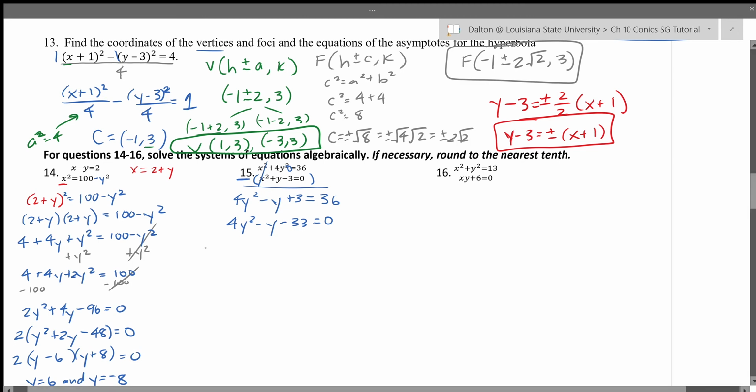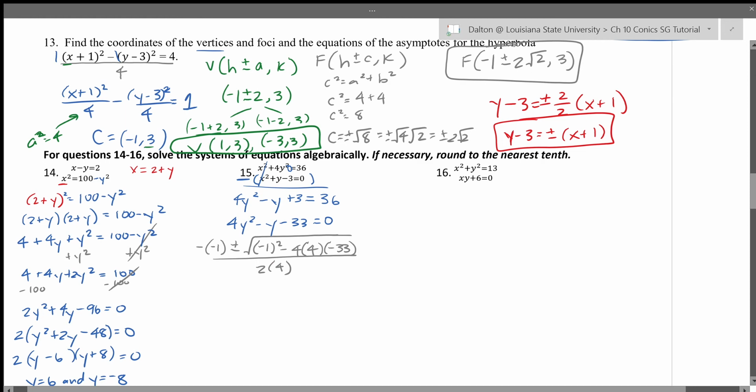So our quadratic formula is going to be negative b plus or minus square root of b squared minus 4ac, all over 2a. So negative b will be negative, b is -1, plus or minus the square root of b squared, so it'll be -1 squared, minus 4ac, so minus 4 times a is 4 times c is -33, all over 2a, so all over 2 times 4.